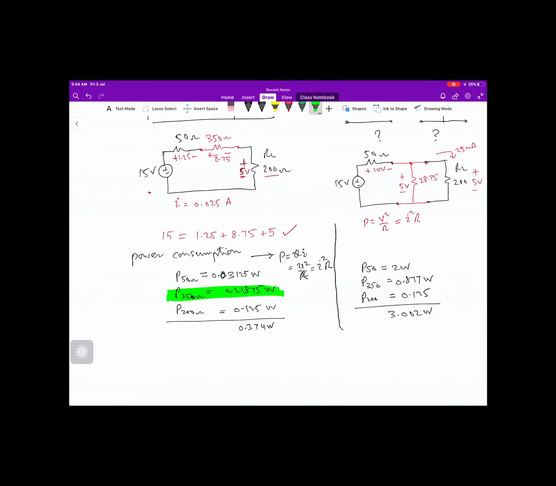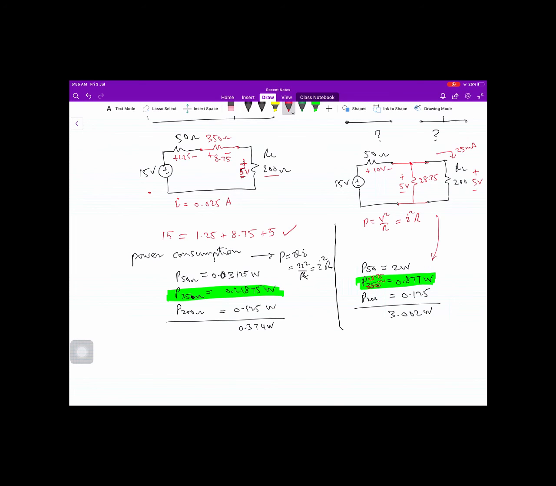In the series interface, power consumption in the interface circuit element, which is only one resistance, is 0.21875 watt, and over here is the 28.75 ohm resistance.